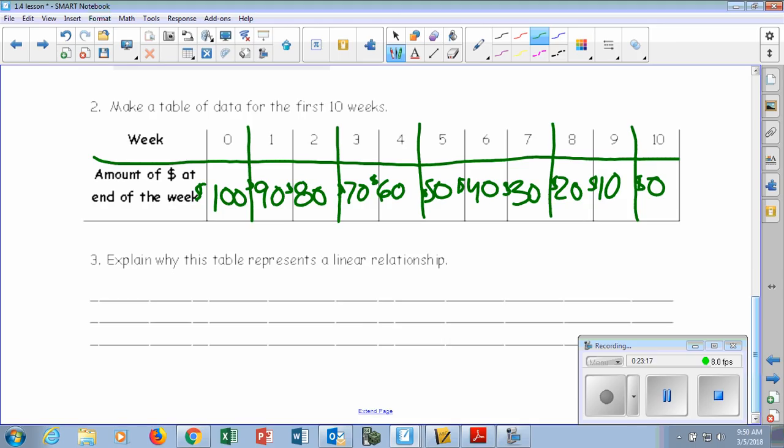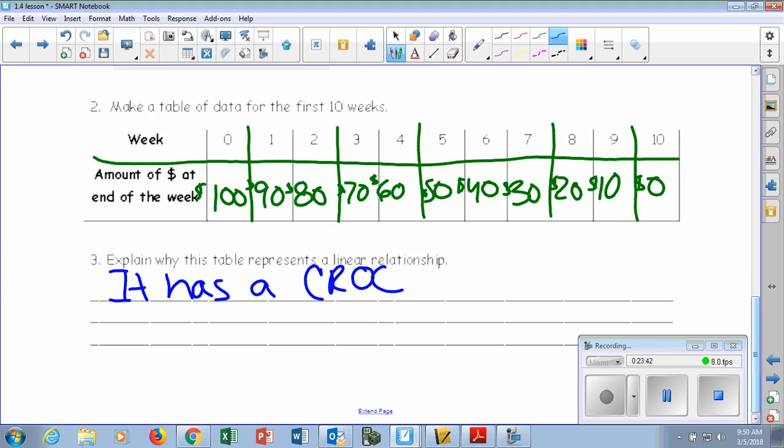Okay, for 3, it says explain why this table represents a linear line. Why does it represent a linear line, Lily? Because it's going down at a constant rate of $10. It has a constant rate of change.